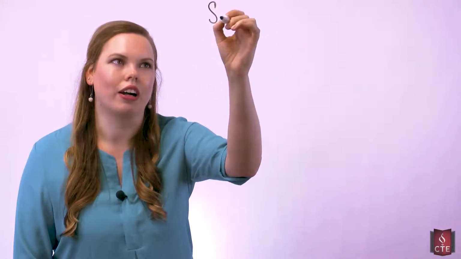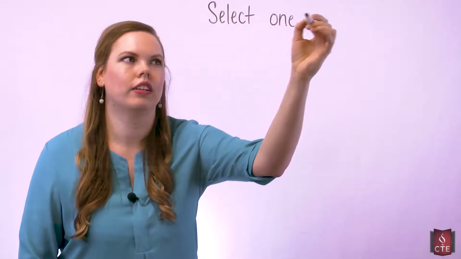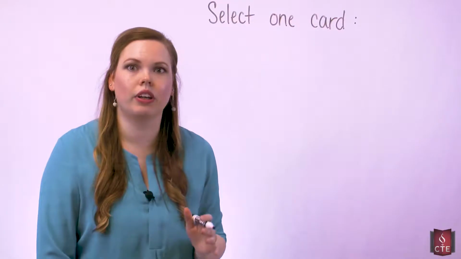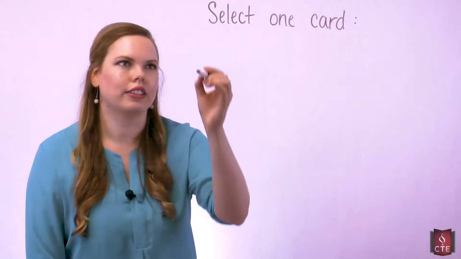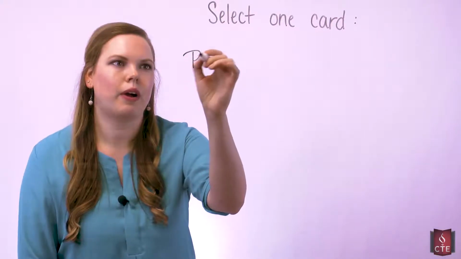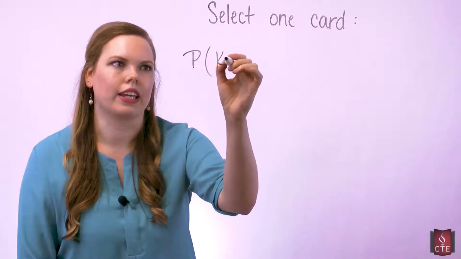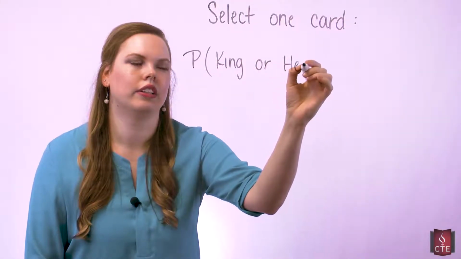So we're going to look at cards, and we're going to select one card, and find some probabilities when selecting that one card. Let's first look at the probability, for that one card, of it being a king or a heart.